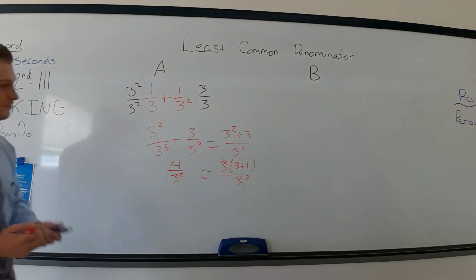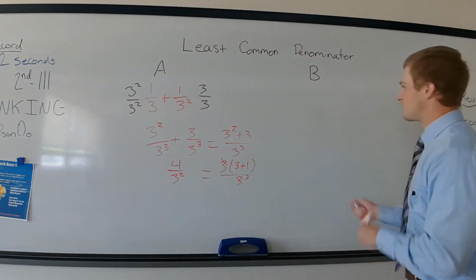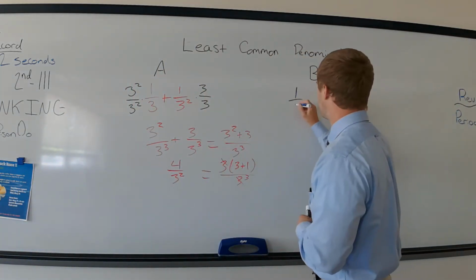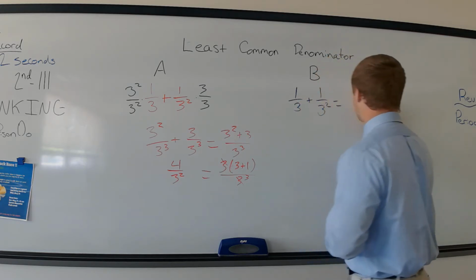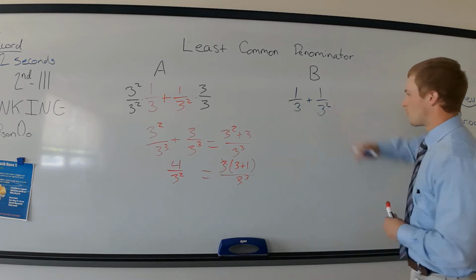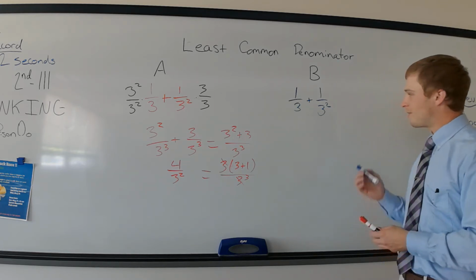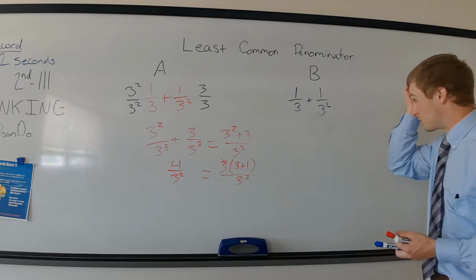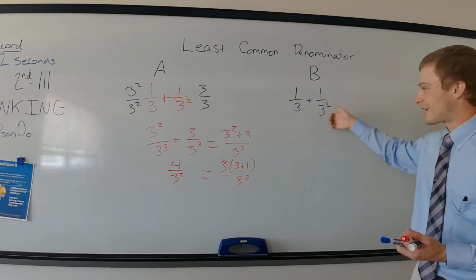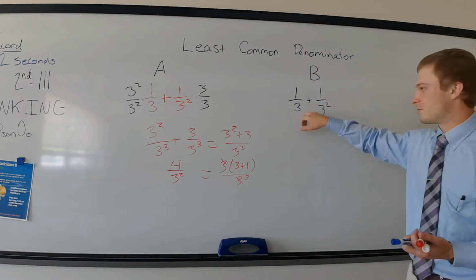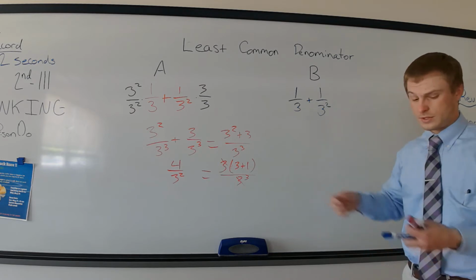We got to it. Our other method over here, method B. Same problem. So I want to add these rational expressions together. However, I'm going to stop and think about it for a second. I'm going to see that 3 squared, I can get to that just by multiplying 3 to my other denominator, so I can get a common denominator of 3 squared.